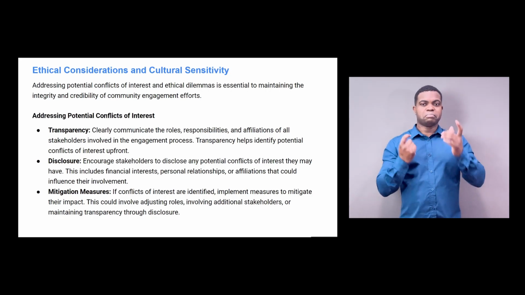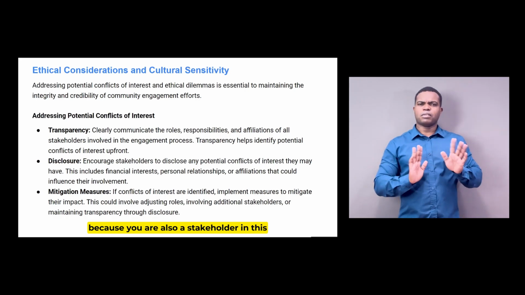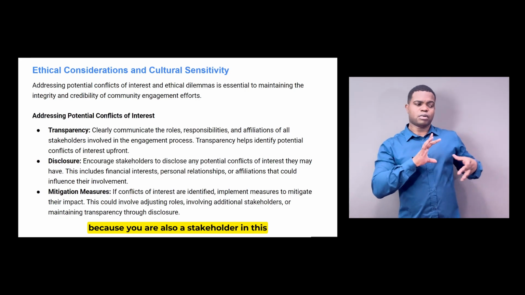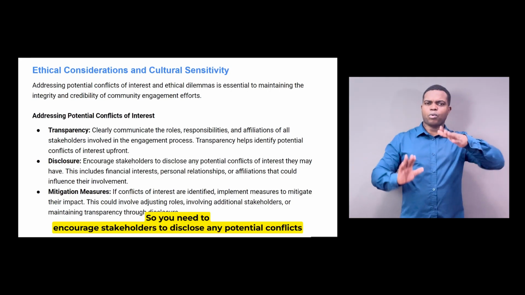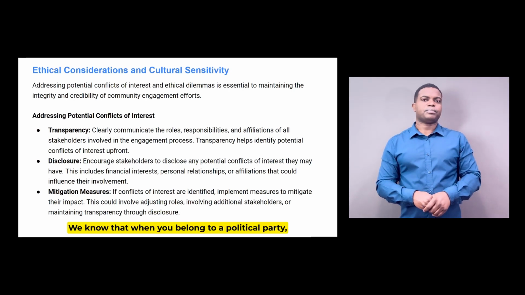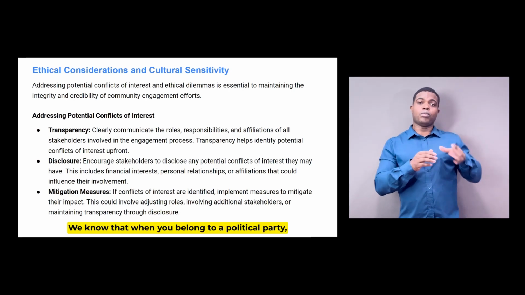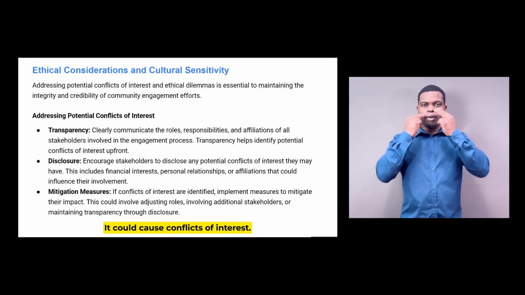So we need to encourage stakeholders to disclose, because you are also a stakeholder in this project. We know that when you belong to a political party, it could affect your participation. It could cause conflicts of interest.